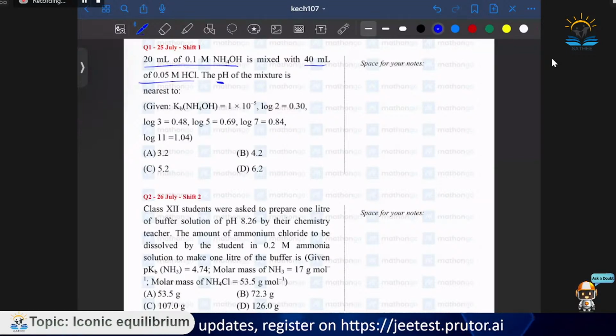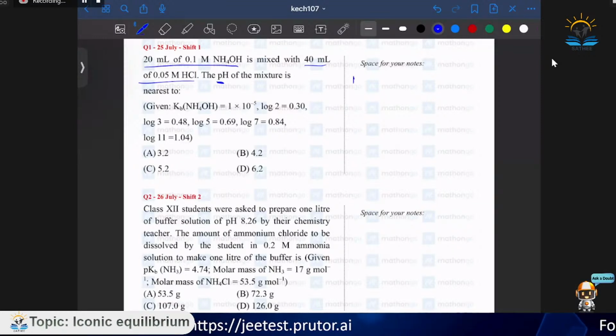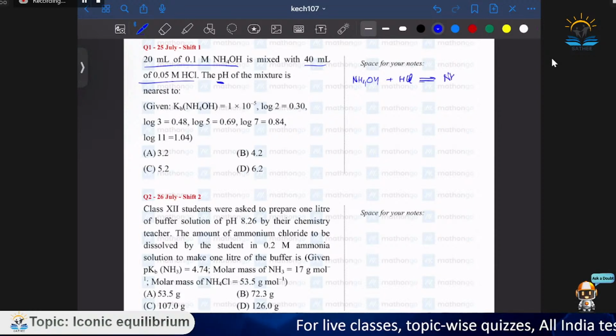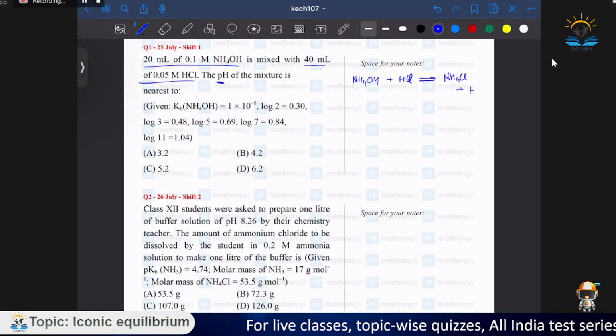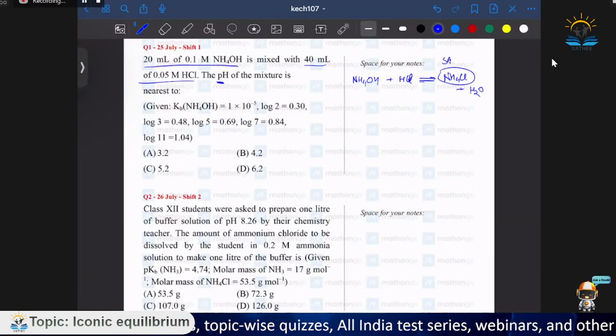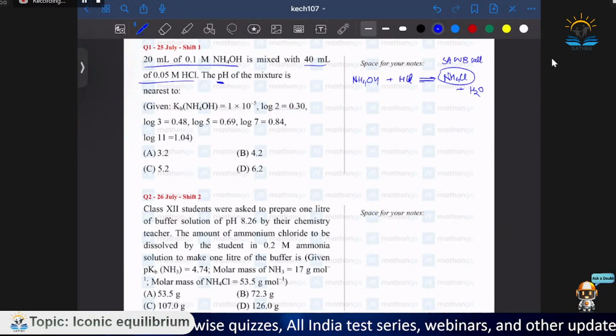This is a weak base and a strong acid, and the equation is something like NH4OH plus HCl gives NH4Cl plus H2O. This is a strong acid, weak base salt.